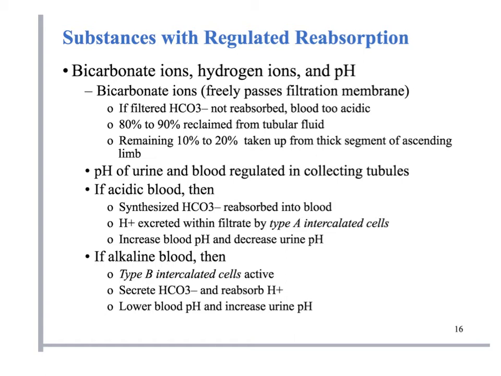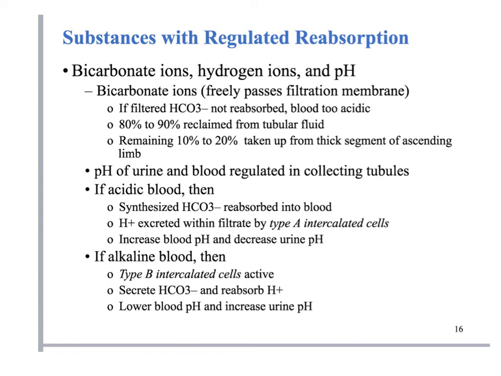But if you don't have enough bicarbonate ions, you're getting rid of them. What happens to blood pH? It changes, and if you end up with too much, blood pH goes too low. So this helps regulate this. We call it acid-base blood balance. So if blood is acidic, what is acidic blood?